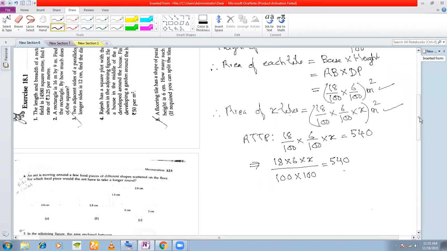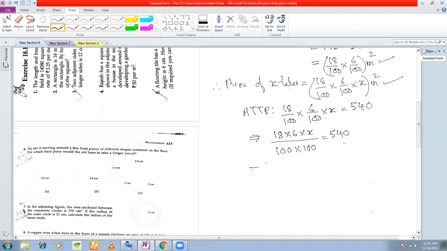Now cross multiply: 18 into 6 into x is equal to 540 into 100 into 100. Now divide both sides by 18 into 6. So you get x is equal to 540 into 100 into 100 divided by 18 into 6.